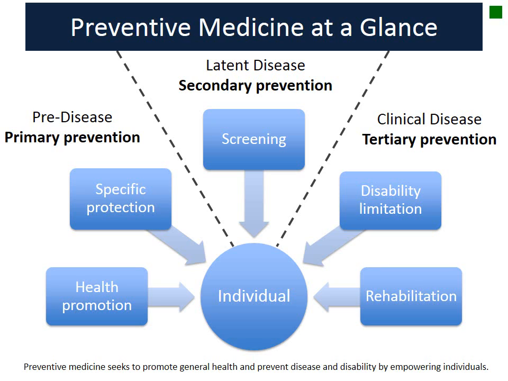And then finally, when the disease does progress, you are in a clinical disease state where tertiary prevention has to be utilized, and where you're trying to limit the disability as well as do rehabilitation.